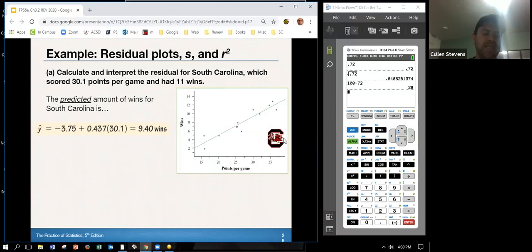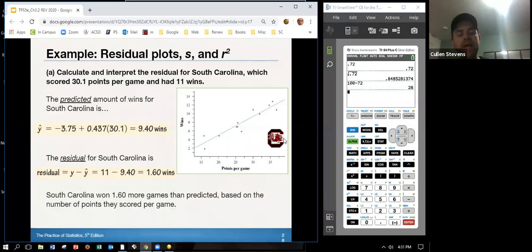That is a predicted 9.4 wins. Now, the residual is actual minus predicted. So we had actual wins of 11 minus predicted wins of 9.4, so the residual is 1.60 wins. So South Carolina won 1.6 more games than was predicted based on the number of points they scored per game.